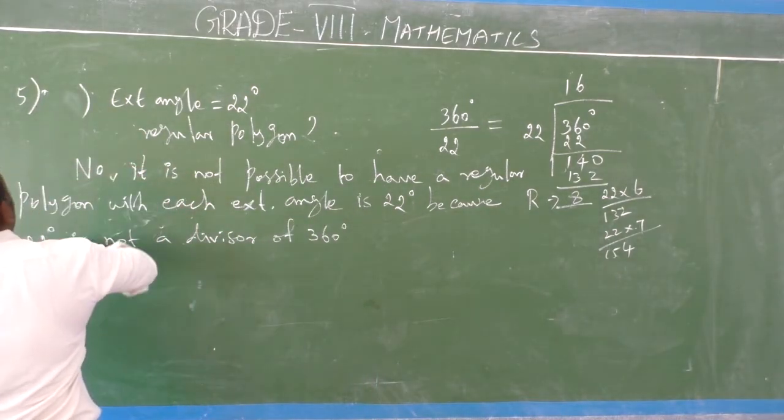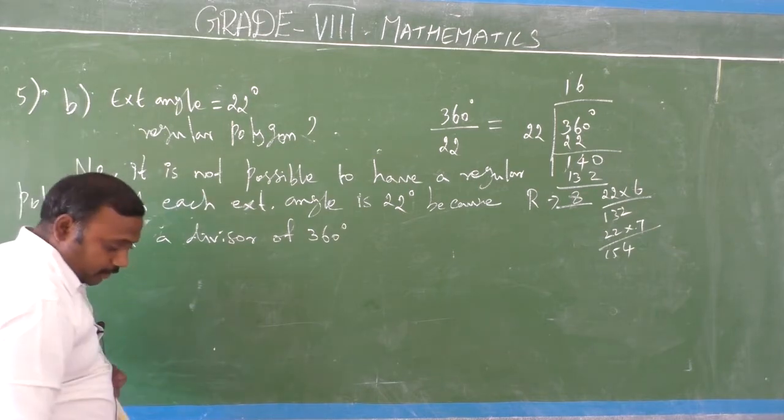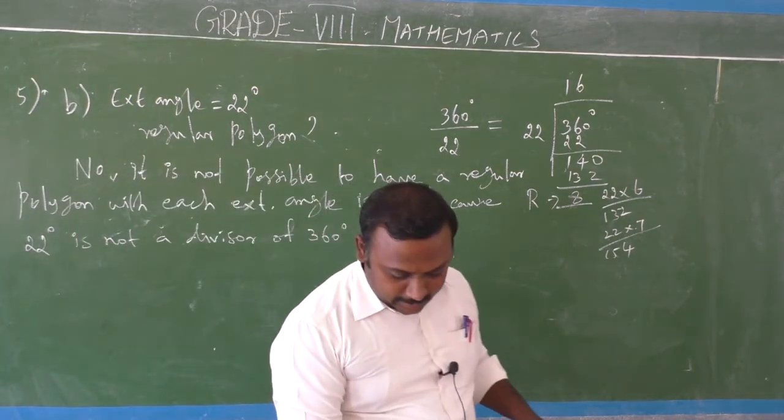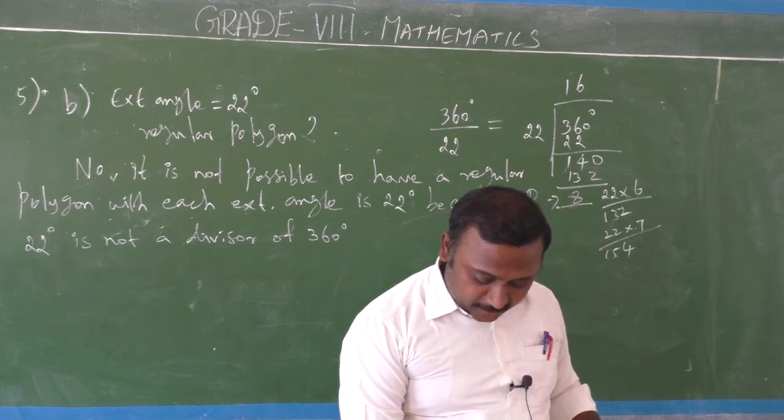Fifth B sum. The question is, can it be an interior angle of a regular polygon?